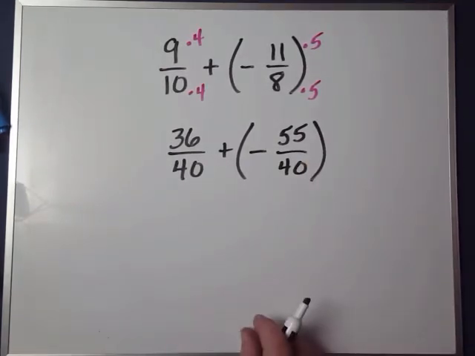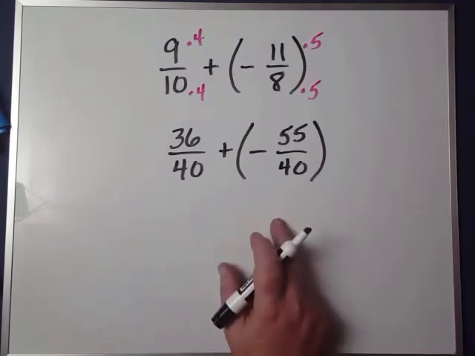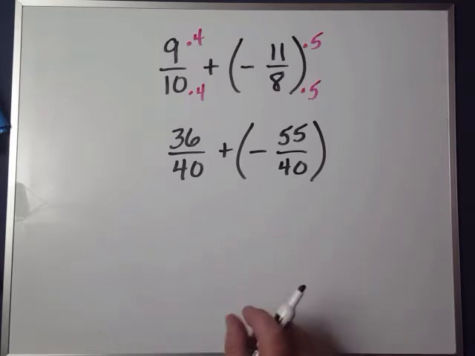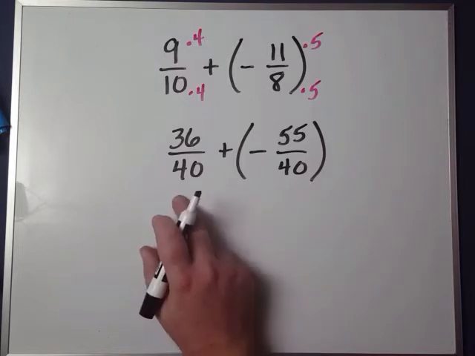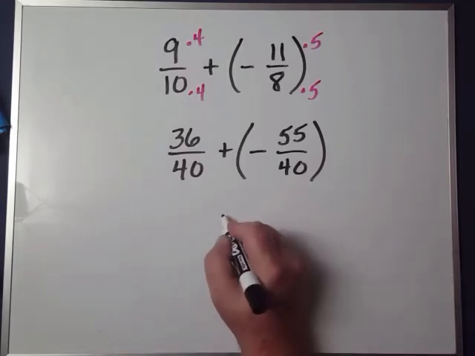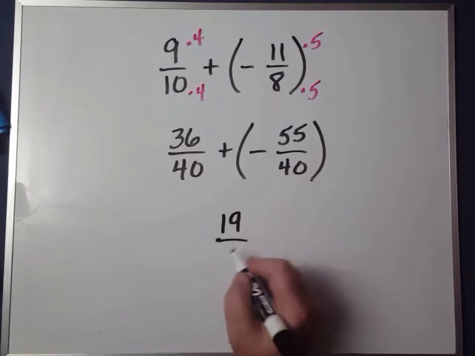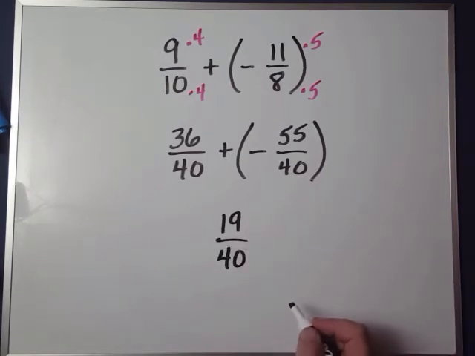We have our common denominator, so we're ready to add. We're adding signed numbers. We're adding numbers of opposite signs. So what are we really doing? We're really subtracting. We want to subtract the bigger absolute value minus the smaller absolute value. 55 of them minus 36 of them. 55 minus 36 is 19 of them. 19 what? 19 40ths.